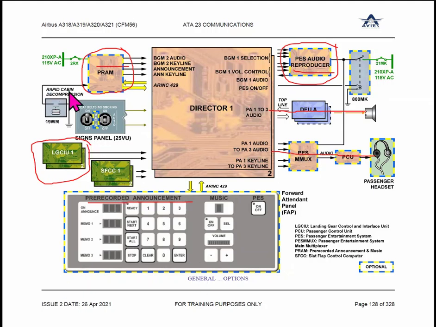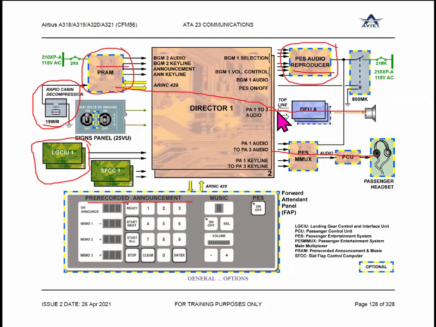Then the decompression message. If there is a rapid decompression, there is an oxygen pressure switch available, 19 WR. That pressure switch is available in the avionics compartment, if I'm not wrong. So that switch gives the signal that the cabin is decompressed. So automatically the decompression message will be deployed.